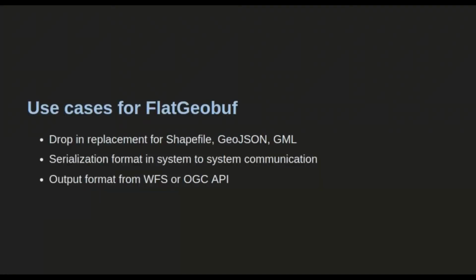Okay, so to sum up, the use cases that I have in mind for FlatGeobuf is to use it as a drop-in replacement for the shapefile, JSON, or GML. But you could also use it as a system-to-system communication protocol, or as an output format for WFS or OGC API.